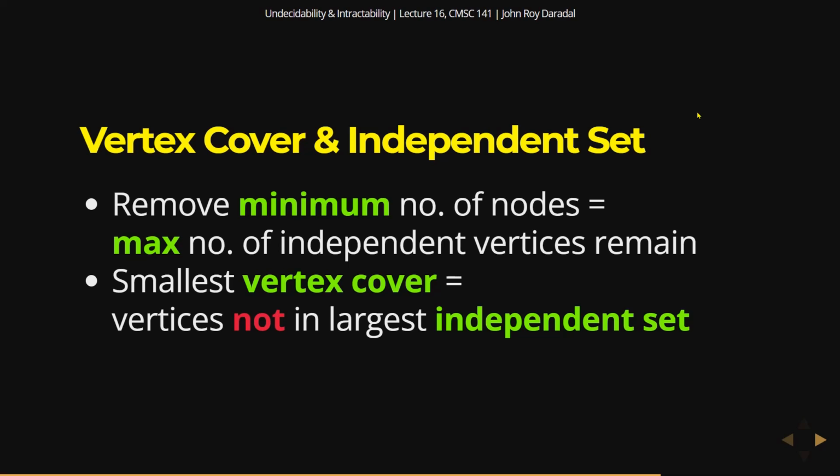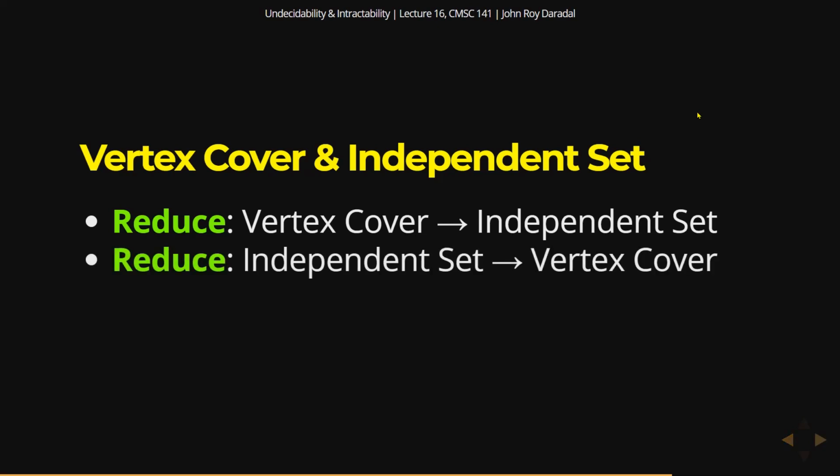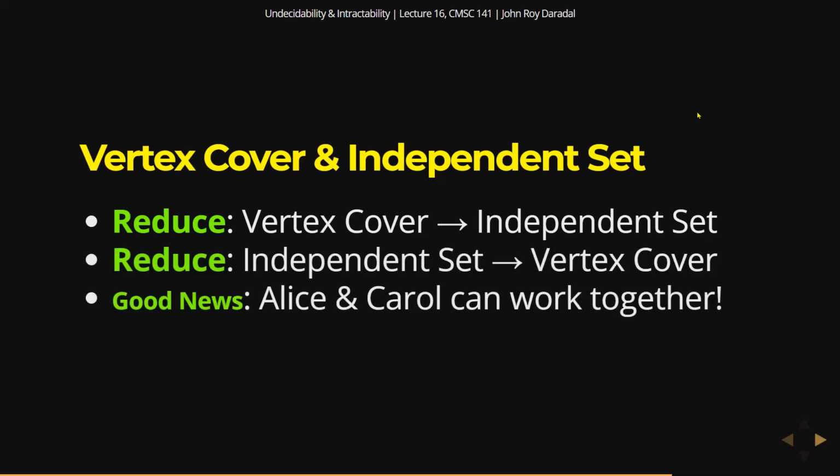Okay, so this is another good news because that means that Alice and Carol can work together, and by extension, Alice and Bob and Carol can work together to solve their problems. So we can reduce vertex cover to independent set and independent set to vertex cover. So the good news again is Alice and Carol can work together.